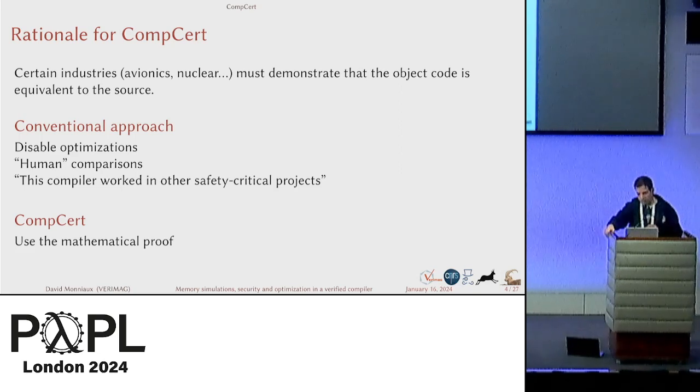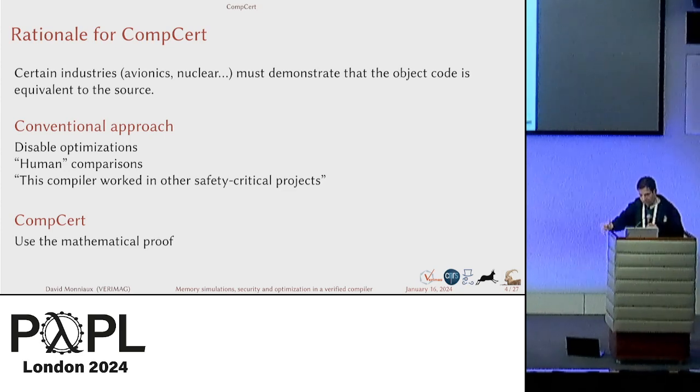And the conventional approach, and I recall talking with Airbus about that, was that they would use a normal compiler and would essentially disable most of the optimizations so that the assembly code would look sufficiently like the C source code, and they would be convinced that the compiler was not trying to be too clever. And of course, this is not very satisfactory because you get a very inefficient code as the outcome.